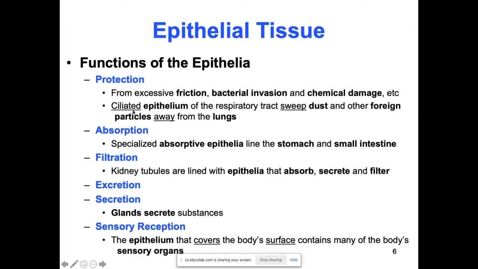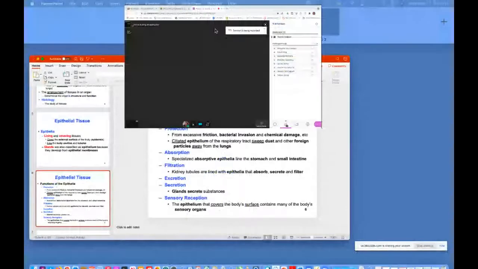Within epithelium, we have cilia that can attach to that, and cilia are designed to beat rhythmically. Within the trachea, let me see if I can show you on the whiteboard. Give me a second here.